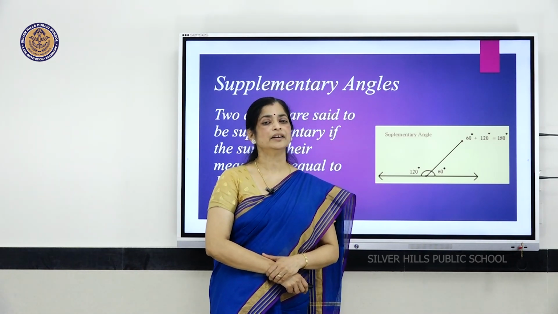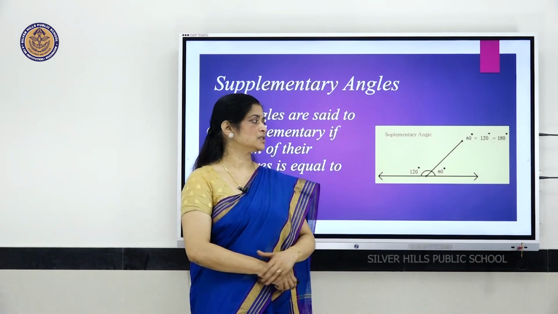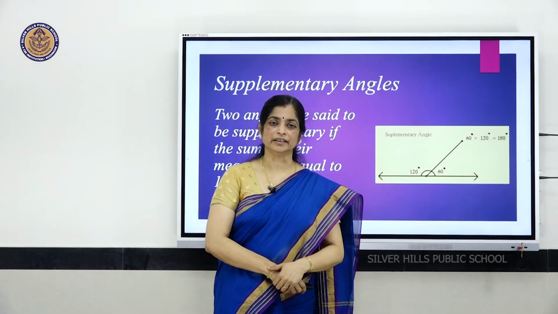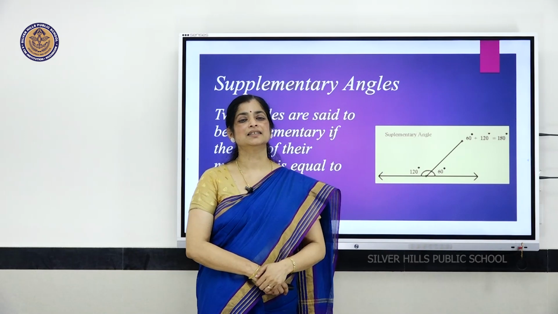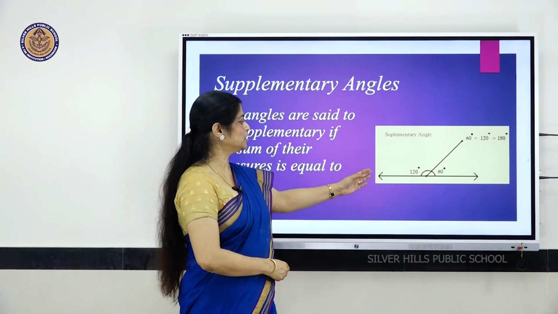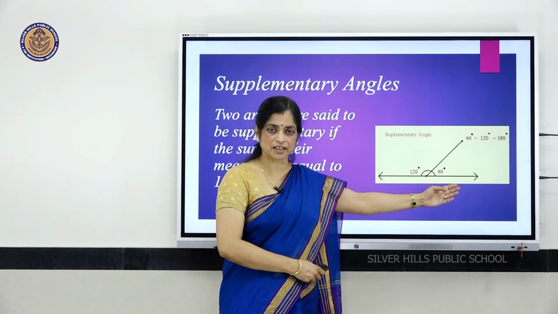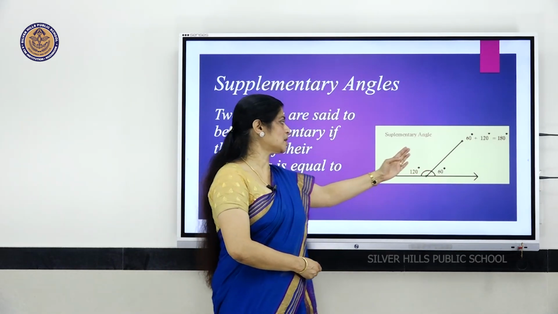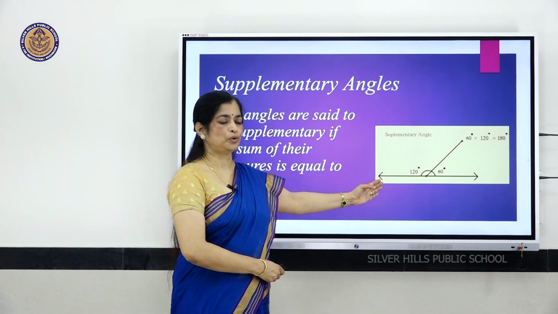When you add 120 plus 60, the sum is equal to 180. Such types of angles are called supplementary angles. So, 120 is the supplement of 60 and 60 is the supplement of 120.